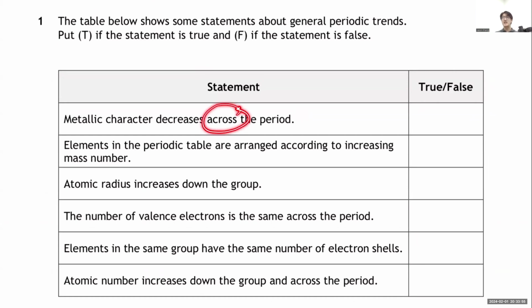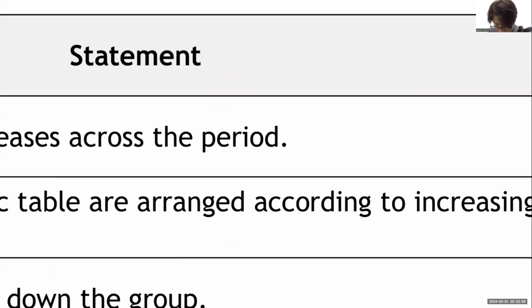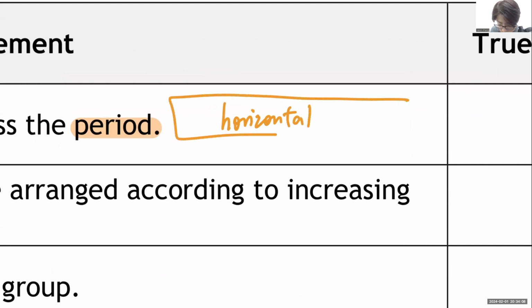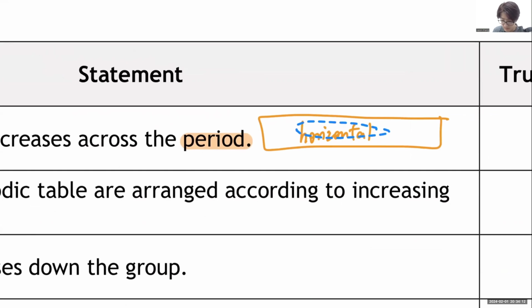Across the period, you must understand. Period is the horizontal row. So when the question says across, we are looking at this way, from left to right.